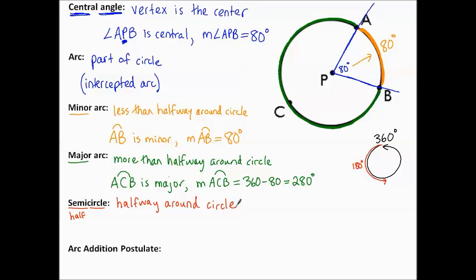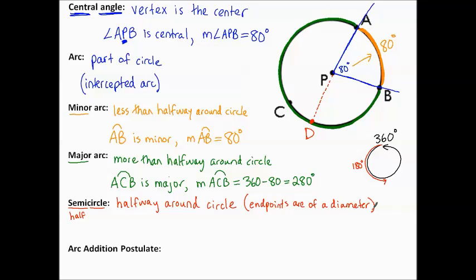Now I don't have a picture here to show halfway, so I'm going to take this radius and extend it to create a diameter. I'm going to call this point D. So halfway around the circle, I kind of need to know endpoints of a diameter. So let's write that we need that. Endpoints are of a diameter of the circle.